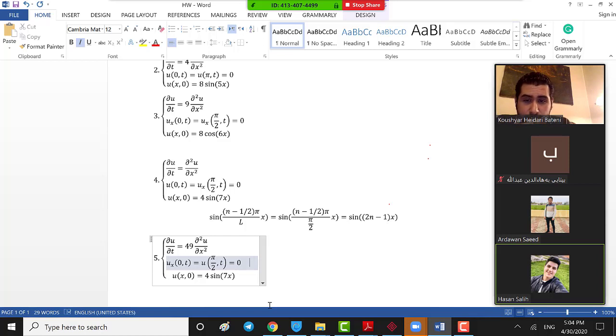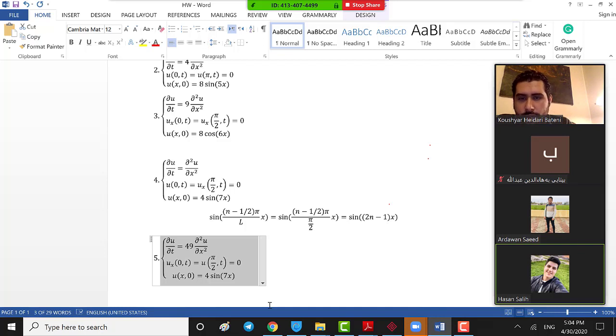So Hassan, can you tell me now what is going to be the eigenfunction for this example? As you see, the eigenfunction only depends on the PDE and boundary conditions. It doesn't depend on the initial condition at all. That is a very important point to have in mind.